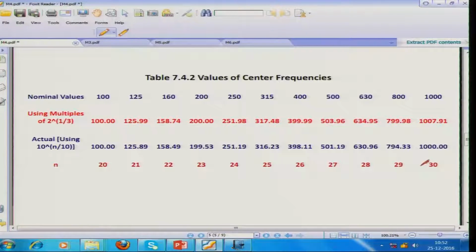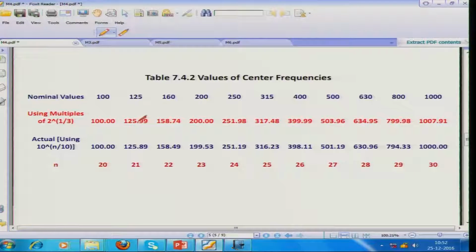So, you first look at the top line. It says nominal values, but forget nominal values, let us look at the red line here. We start with 100 hertz, we multiply it by 2 to the power of 1 by 3, we get 125.99. So, 100 is the first central frequency for a 1/3 octave band.